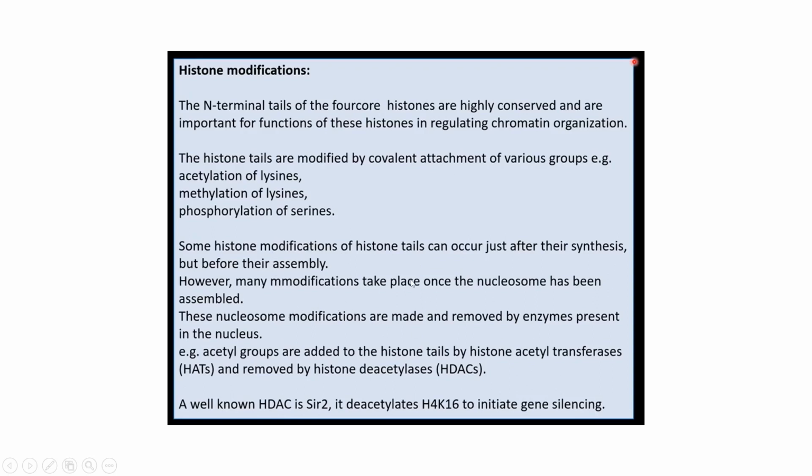Certain modifications allow the DNA to loosen, so that it will allow the transcription of certain genes, and certain modifications, for example deacetylation, will allow the DNA to compact further. Another is phosphorylation. How it is done, I will be discussing.